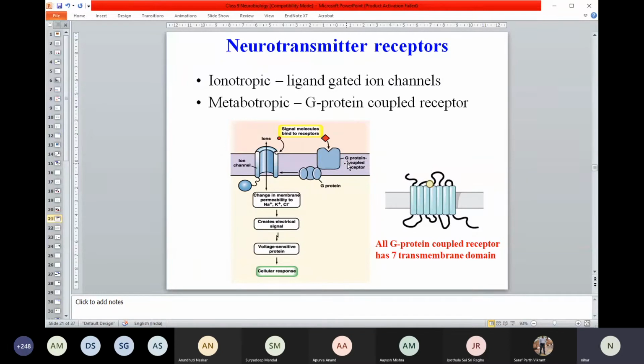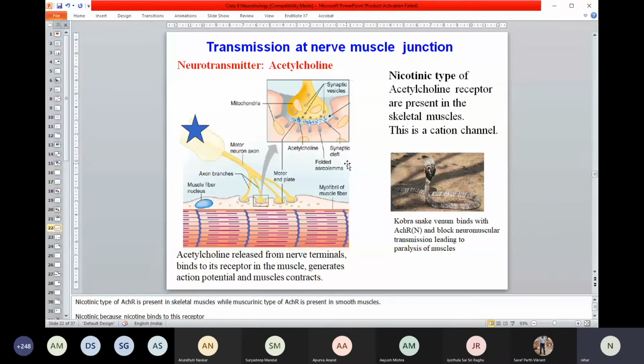That's clear. So now I'm just coming to a very, very interesting aspect, and probably a little bit confusing also for you. Just think about the first discovered neurotransmitter. We'll be talking about the first discovered neurotransmitter, that's acetylcholine. And I also pointed out it is the neurotransmitter that primarily works in your nerve muscle junction.